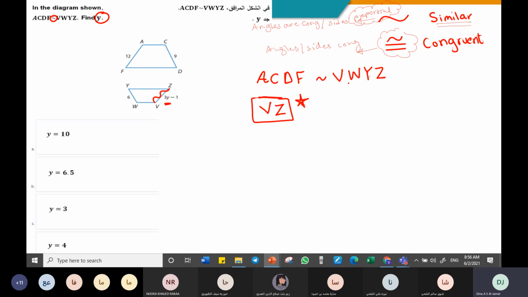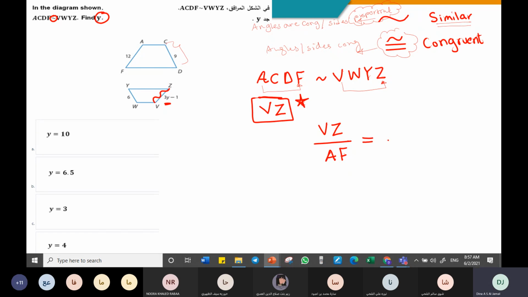VZ is proportional to which side? Can I directly, ladies, take 9 and put it here? No. Pay attention that you need to follow the same order because your angles are congruent. So AF. That means our sides are proportional. This is what I mean by proportionality. A side would be proportional to the other.